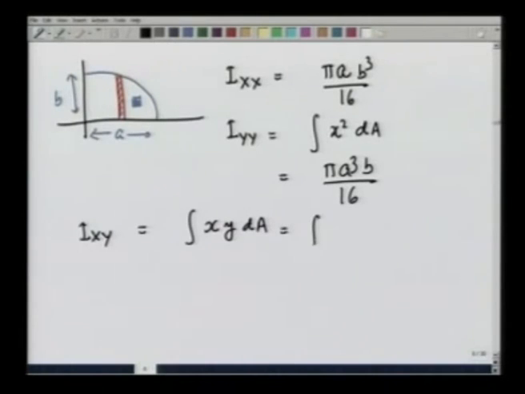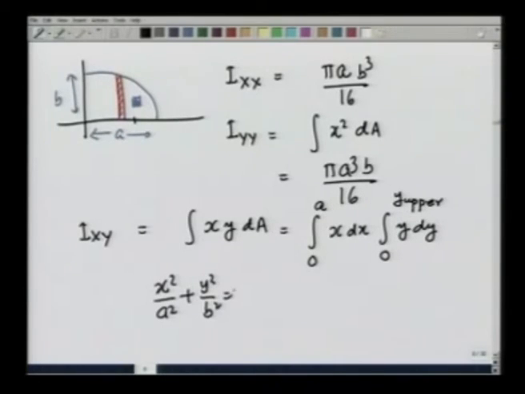This can therefore be written as x dx y dy. x varies from 0 to a, and for any given x, y varies from 0 to y upper, where y upper is given by the equation x square by a square plus y square over b square equals 1, and that gives, for any given x, that y is going to be b over a square root of a square minus x square.